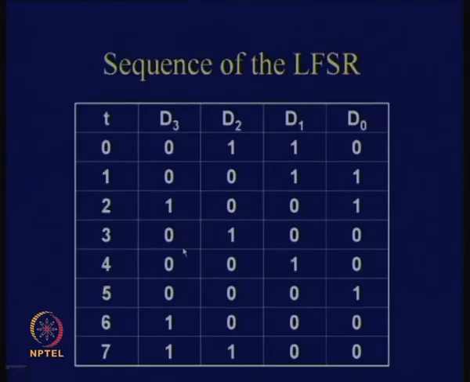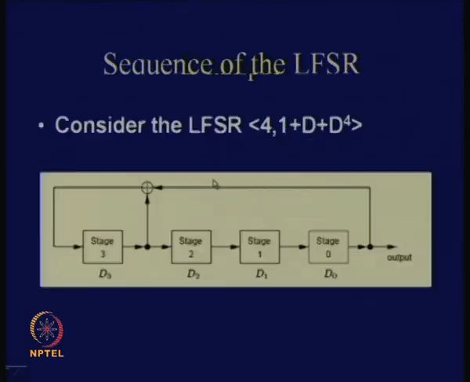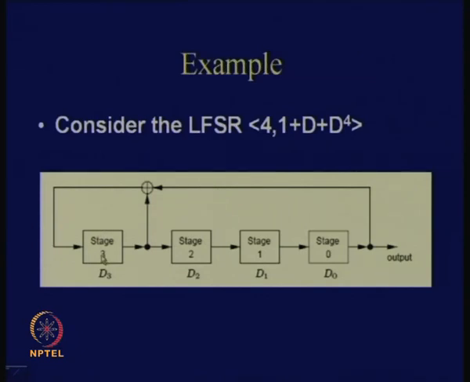You can start with some arbitrary values like 0 1 1 0 and start clocking the LFSR. If you see the diagram, the feedback is an XOR of this output and this output, that is D3 and D0. The rest of the things are only shifts.